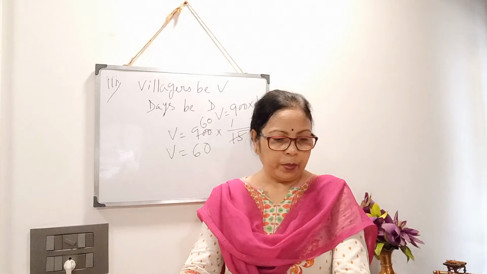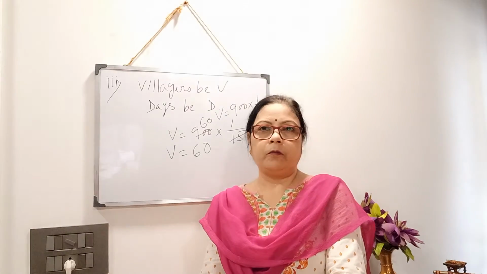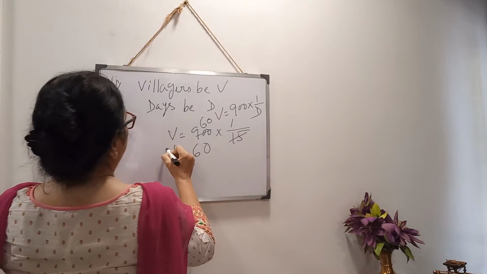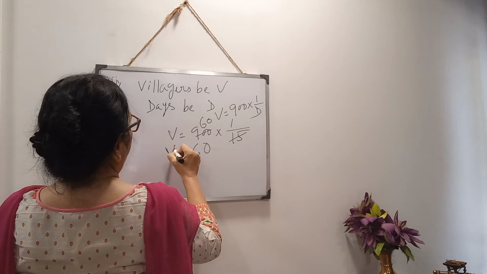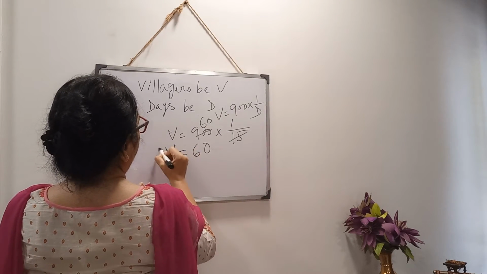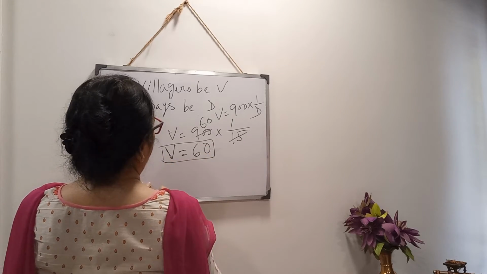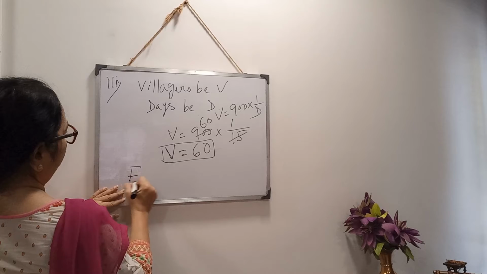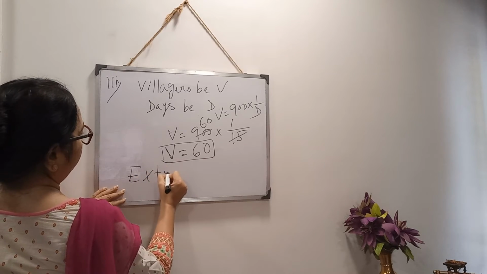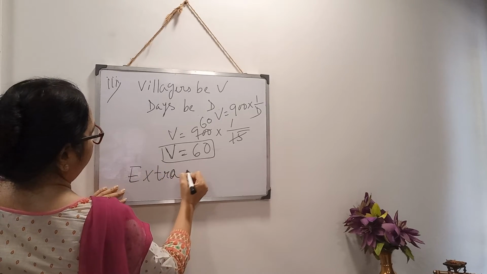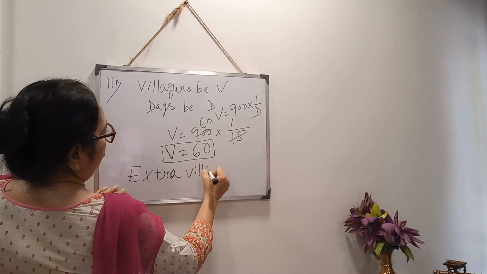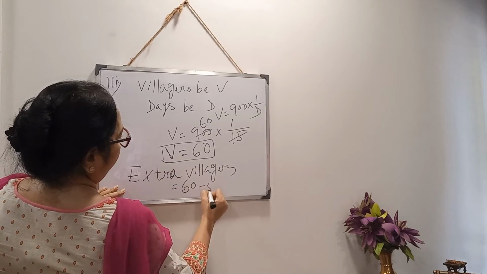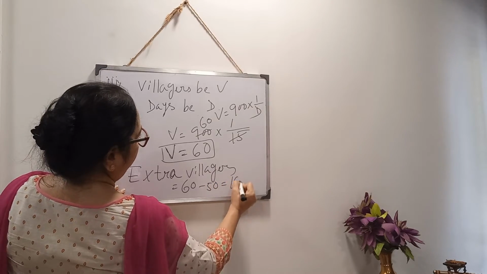So you have to appoint more villagers or more laborers. So after applying theory of variation, we have got villagers V coming 60. Initially you had 50. So you have to calculate how many extra villagers. The number of extra villagers will be 60 minus 50, 10. Clear?